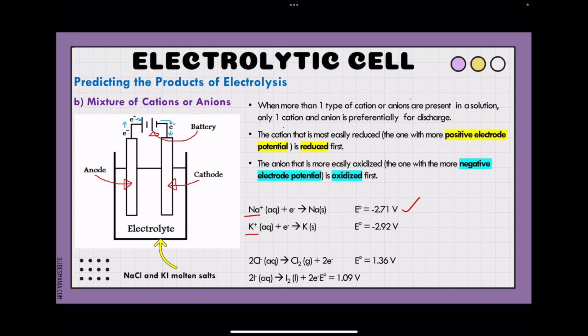On the anion side, the ion with the more negative electrode potential is more easily oxidized. For example, iodide ions are oxidized before chloride ions because the electrode potential of iodide gives a more negative value compared to chloride ion. So, we always compare electrode potentials to predict which product will form during electrolysis.